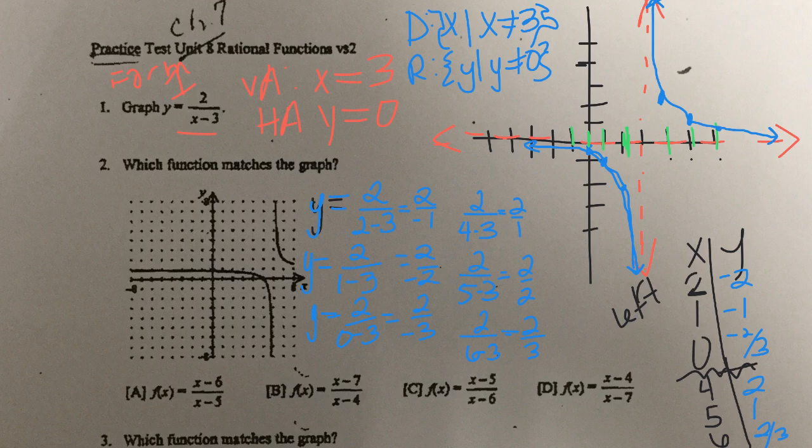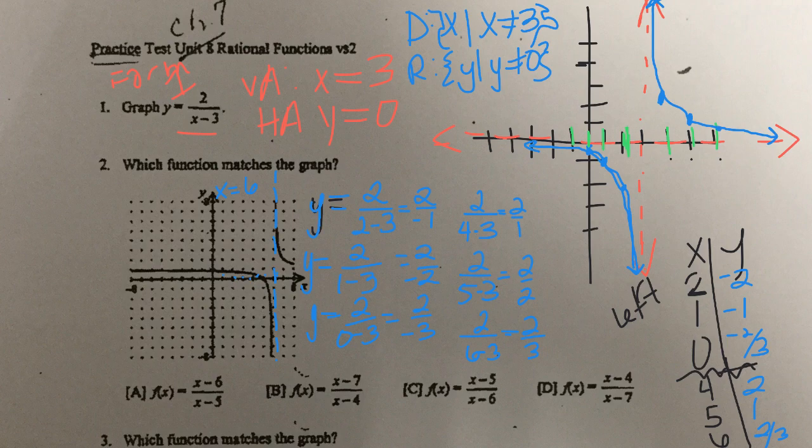So number 2 asks which function matches the graph. So we're going to identify what the asymptotes are, and it looks to me like we have a vertical asymptote here. That's 1, 2, 3, 4, 5, 6. So we have a vertical asymptote at x equals 6.